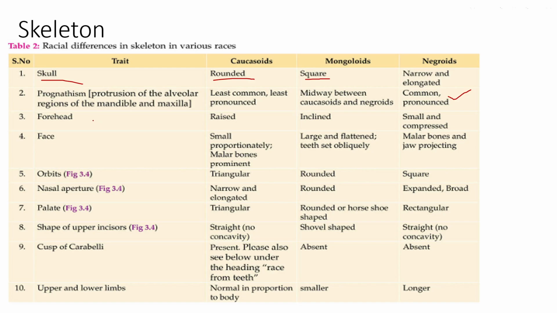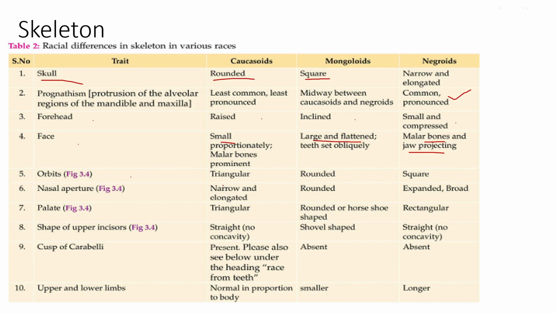If you talk about the foreheads, then the Caucasoids have raised, the Mongoloids have inclined, and Negroids have small and compressed foreheads. Similarly, the face is mostly small in the Europeans, large and flattened in the Mongoloids, and malar bone and jaw projections that occur due to prognathism are mostly in the Negroids.